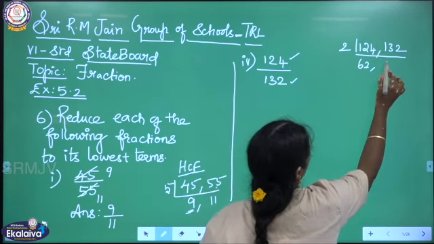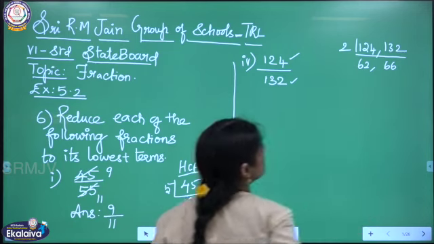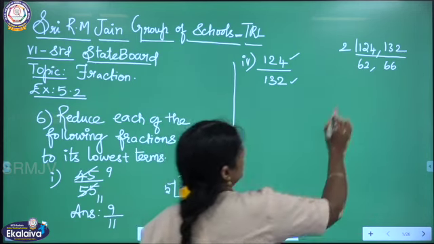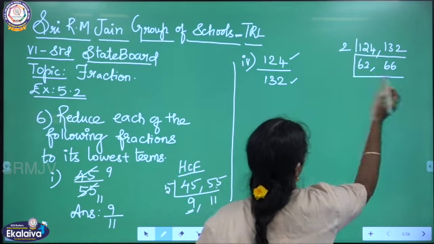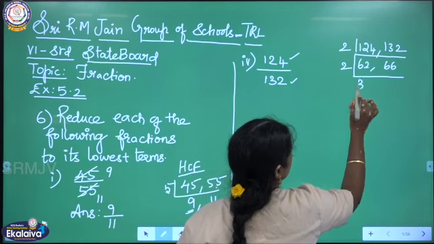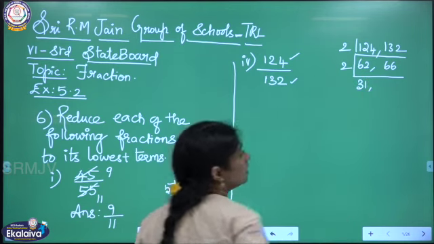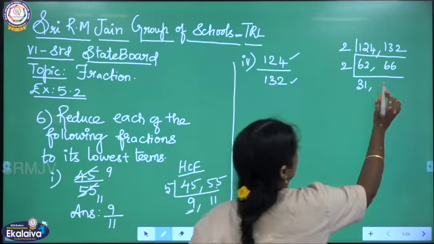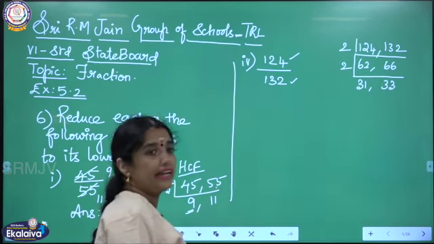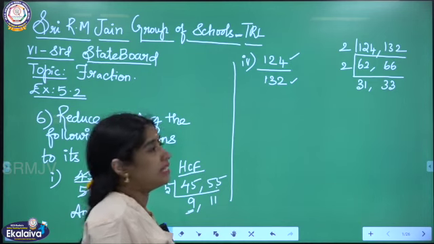Next, 2 66s are 132. Got it? Next, the 2 table again. 2 31s are 62, 2 33s are 66.